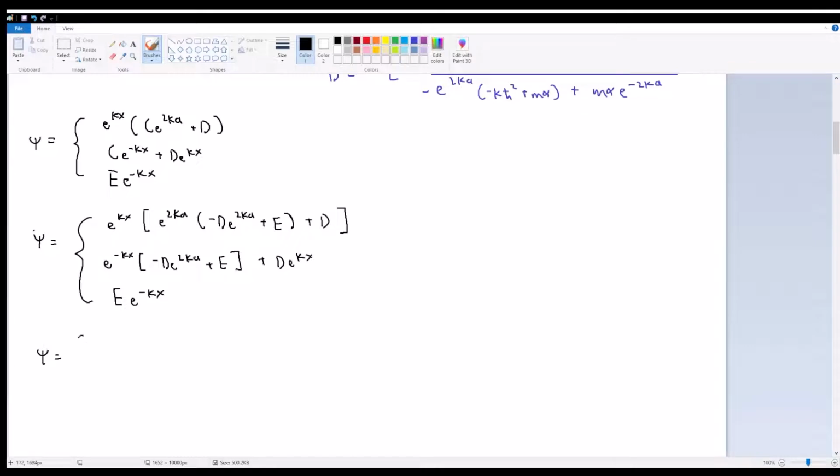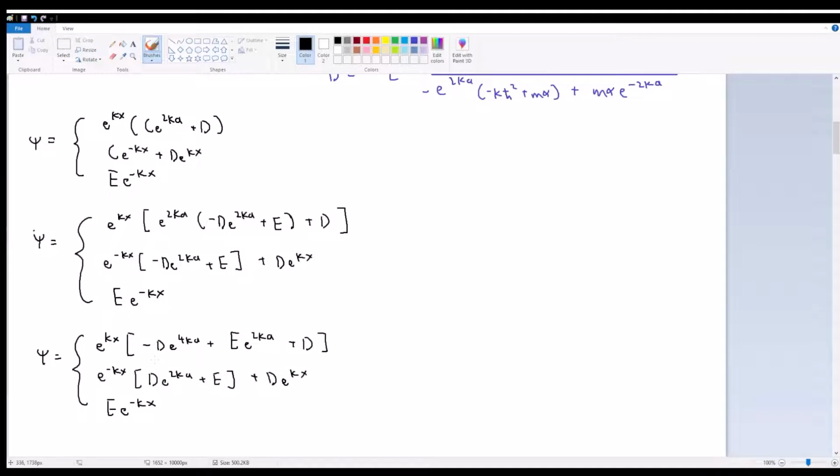This is going to give us, for the top one, e to the kx as before. We're just going to put that on the outside always. Negative d e to the 4ka plus e times e to the 2ka, and then we're adding d to this, and then we have e to the negative kx, d e to the 2ka plus e plus d e to the kx, and then we have e times e to the negative kx.